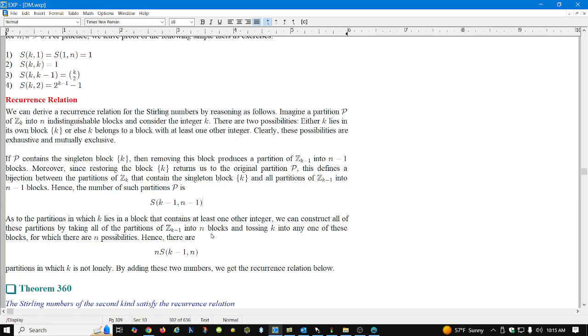Well, there are n blocks, so there are n possibilities for where to put k. And so the number of these partitions is n times the Stirling number S(k-1, n).